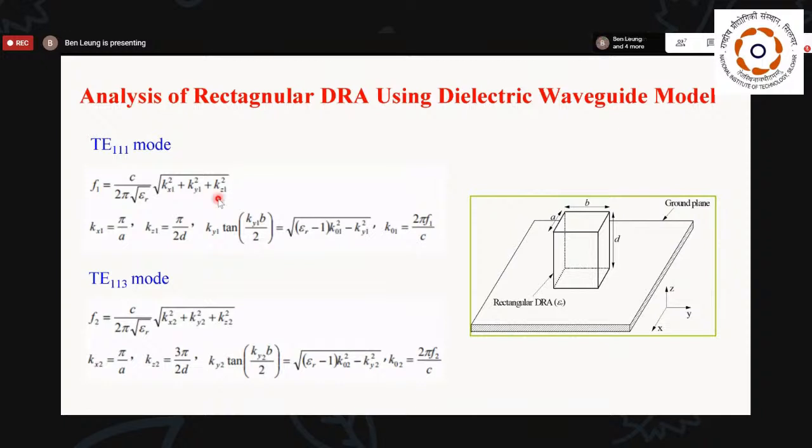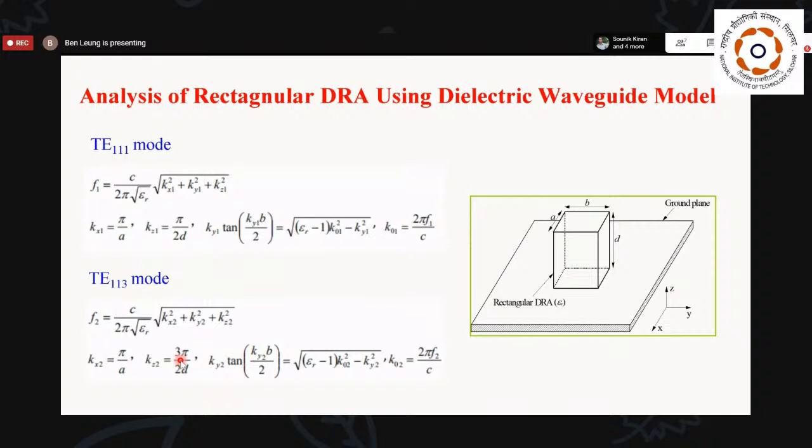If it is the fundamental TE111 mode, KZ is equal to pi over 2D, so we have a coefficient of 1 before pi. But for the TE113 mode, the coefficient before pi for the Z direction wave number is 3.